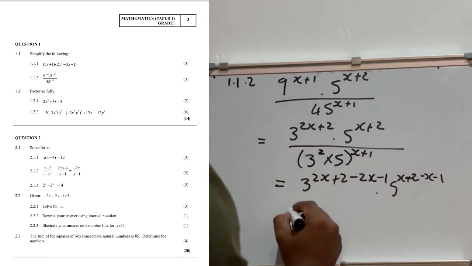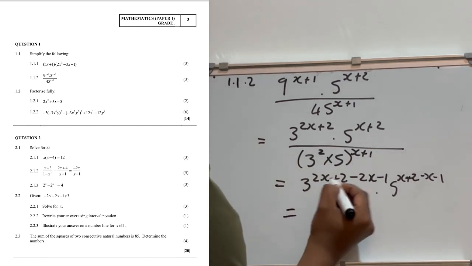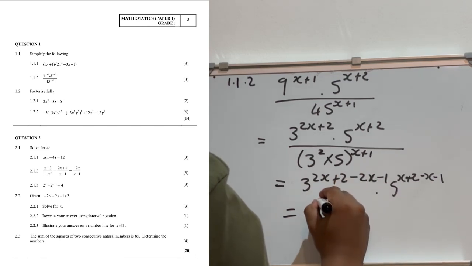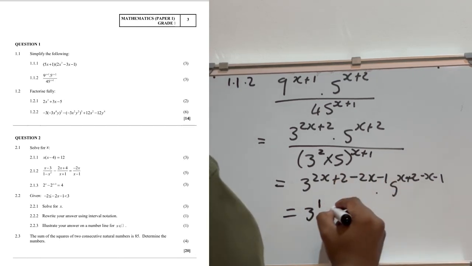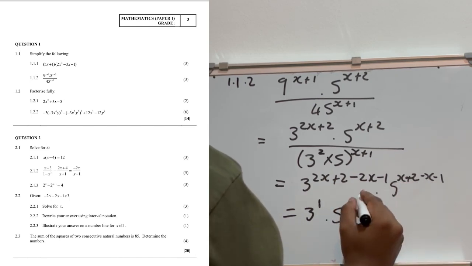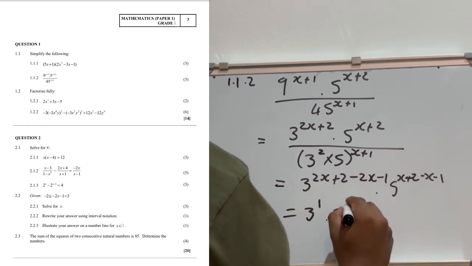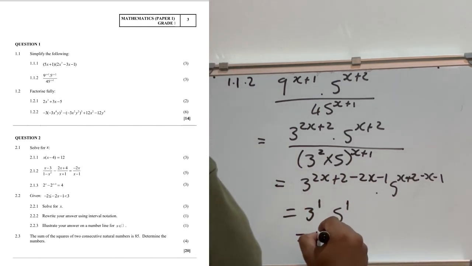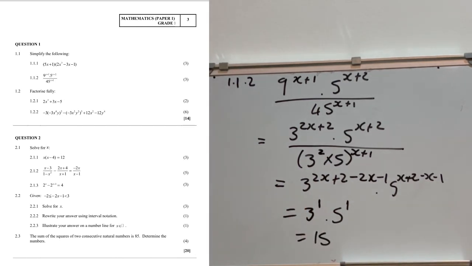So that gives us 2x minus 2x is 0, 2 minus 1 is 1. Then 5x minus x is just 0, 2 minus 1 is just 1. So your answer is just 3 times 5, which is 15.